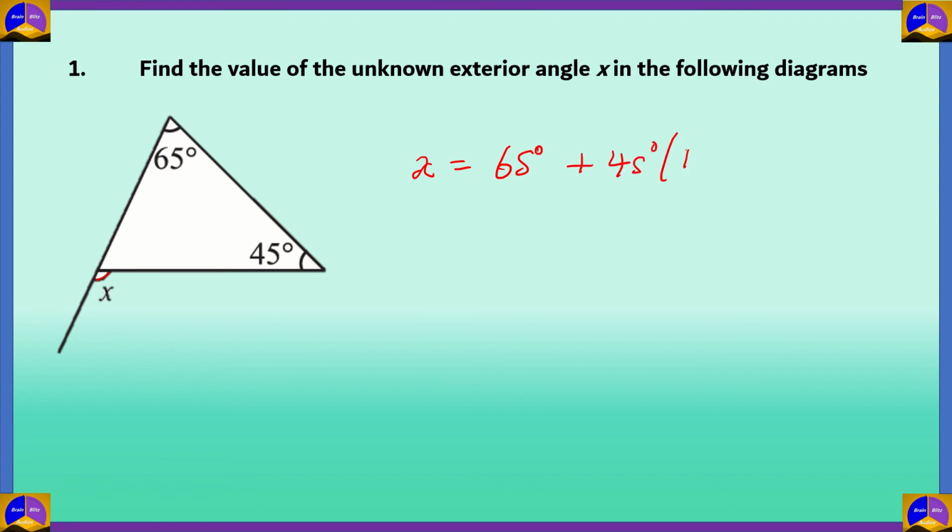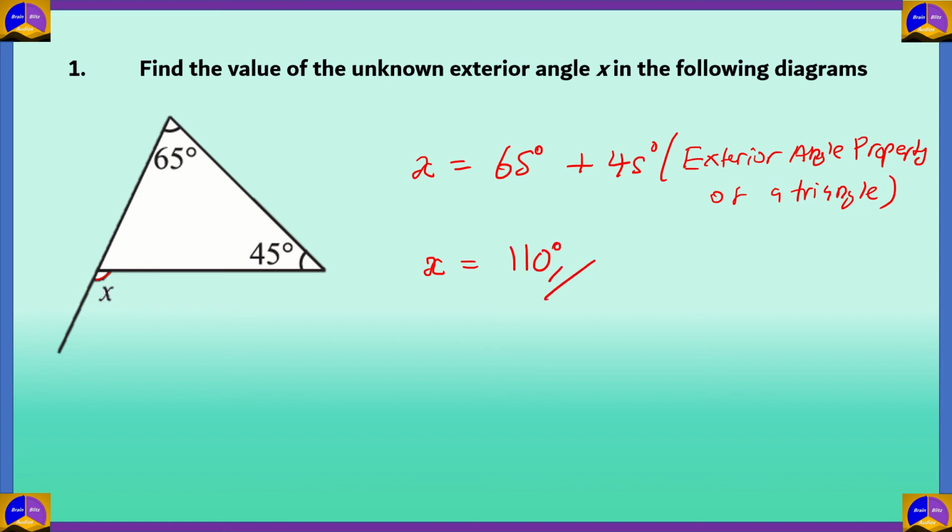Reason: exterior angle property of a triangle. So x is equal to 65 plus 45, which is equal to 110 degrees. So x in the following diagram is 110 degrees.